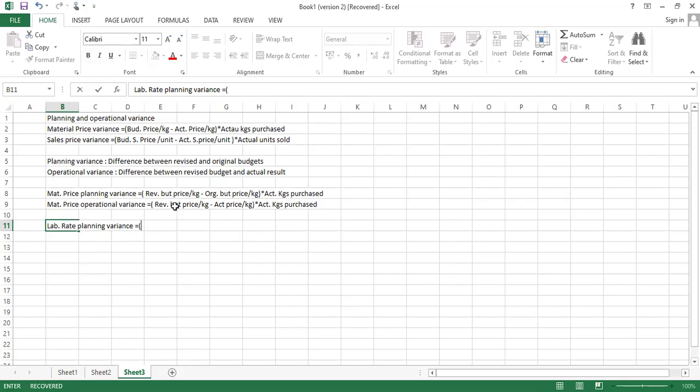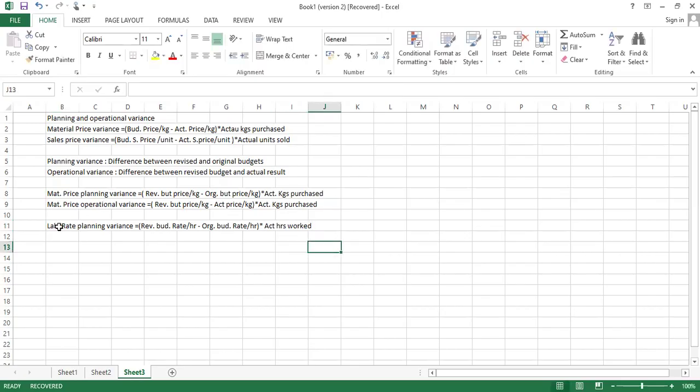Follow this concept: here we will say revised budgeted rate per hour minus original budgeted rate per hour, into actual hours worked.